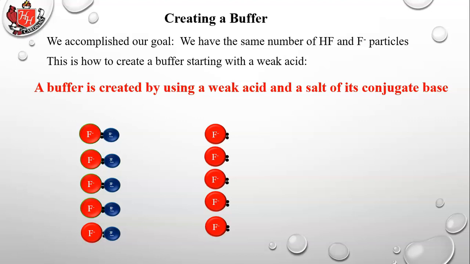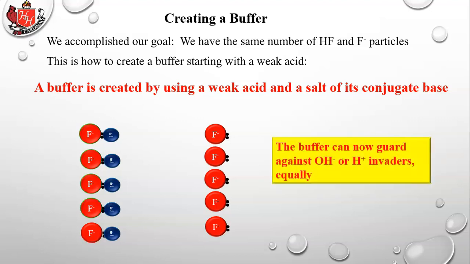The sodiums broke away and went off to the side, and the fluorides therefore increased in concentration until they were equal with the hydrofluoric acids. So now we have a buffer that will defend equally against bases, that would be the hydrofluoric acid molecule, and against acids, that would be the fluoride ion over there on the right. So the buffer can now guard against OH- or H+ invaders equally.